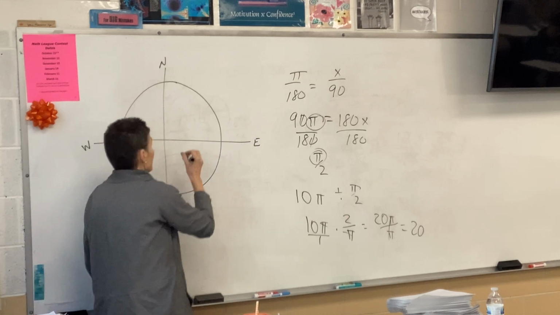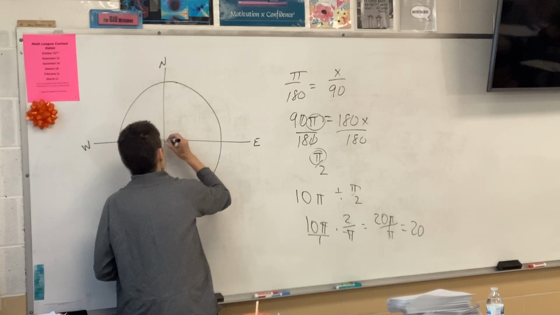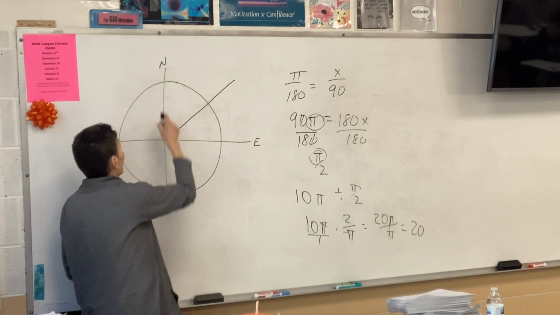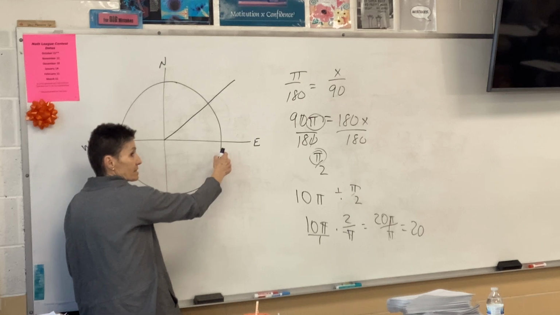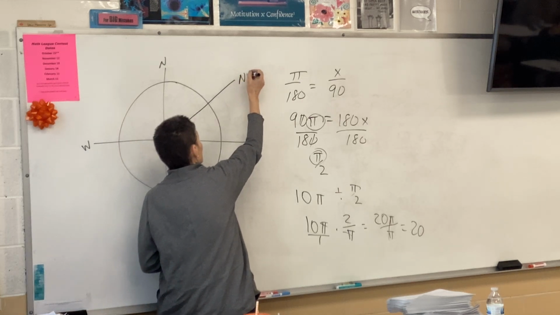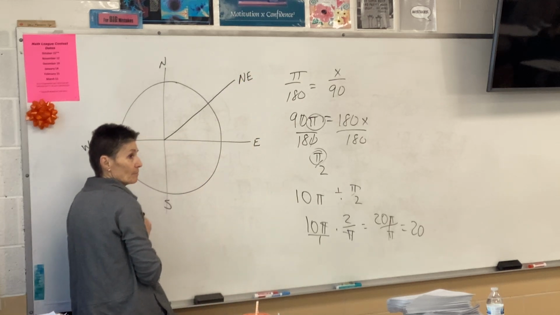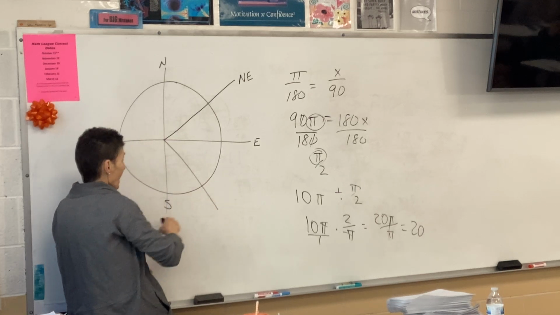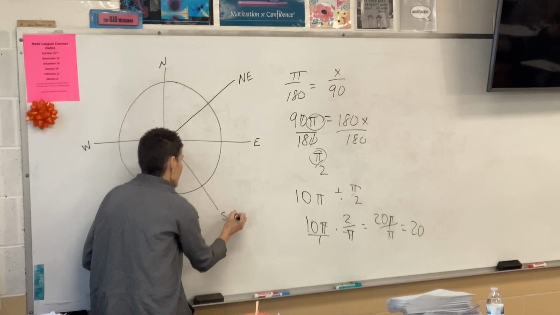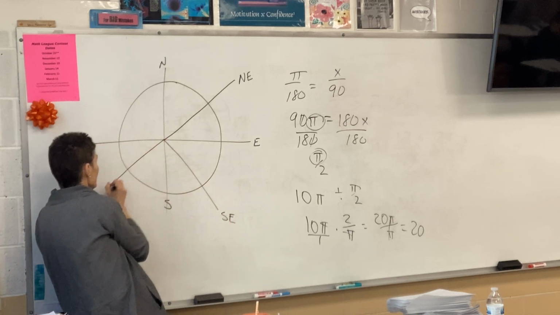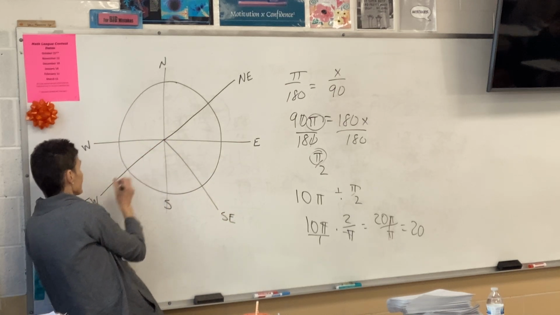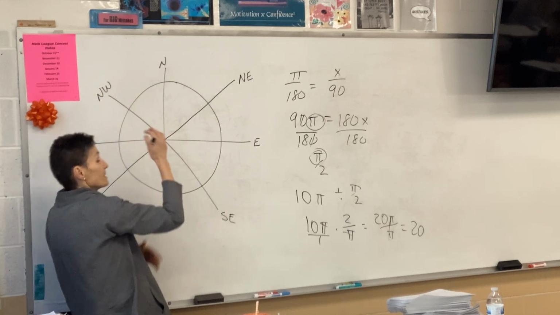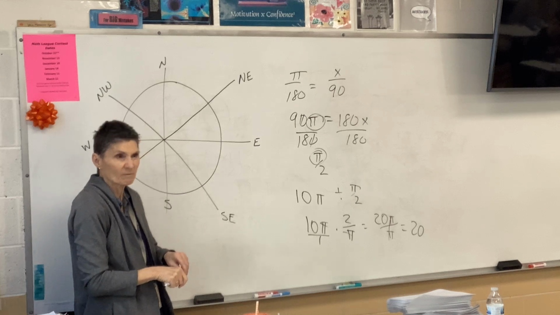Now, if I draw this perfect diagonal line right there, right in the middle of north and east, that is called northeast. And if I draw this one in, that is called southeast. And this one is southwest. And this is northwest. Does that make sense to everybody? You're comfortable with that?